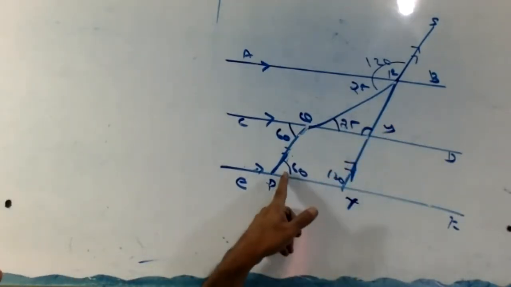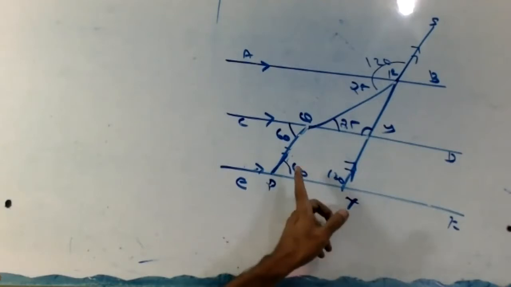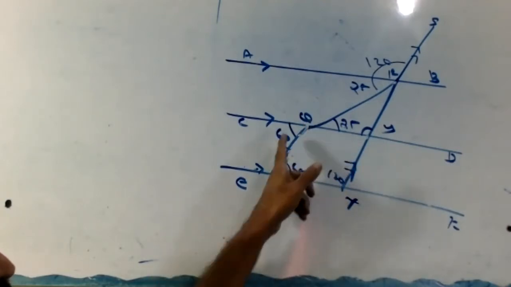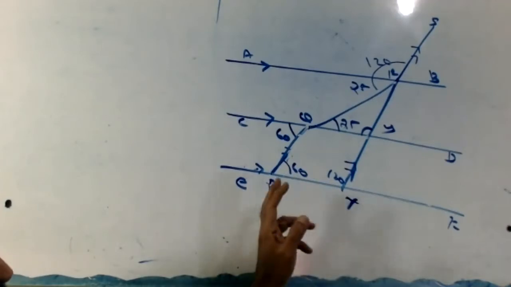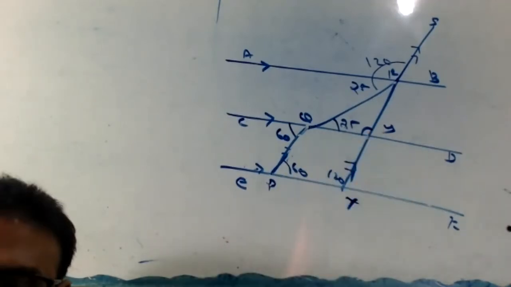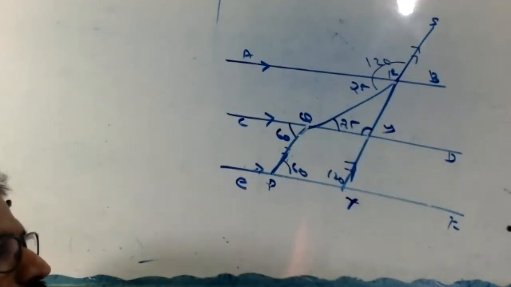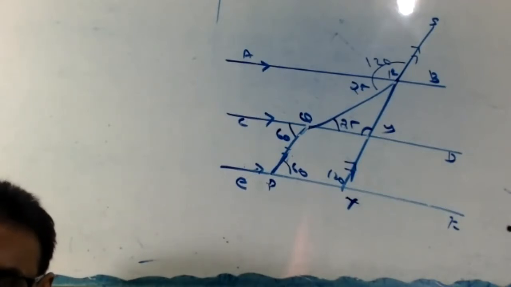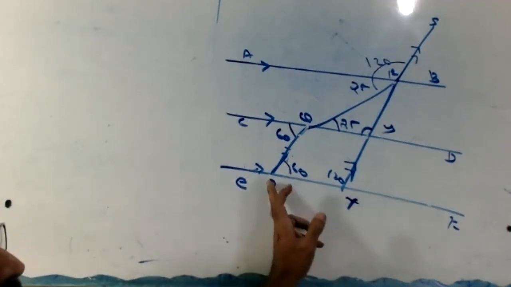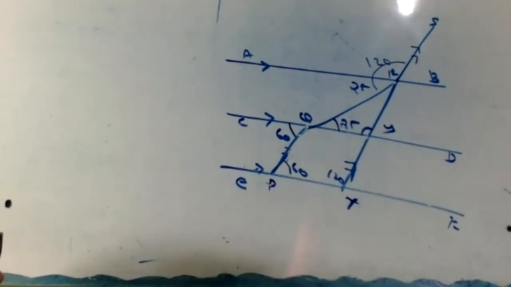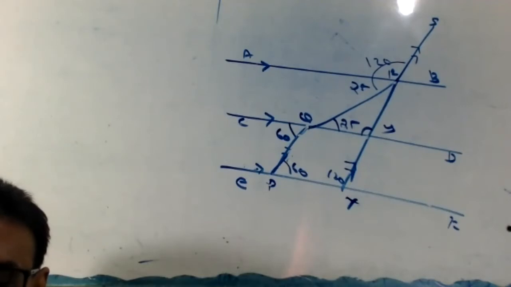Therefore, angle QPX plus angle PXY equal to 180 degrees, co-interior angles. Hence, PXY equal to 120.